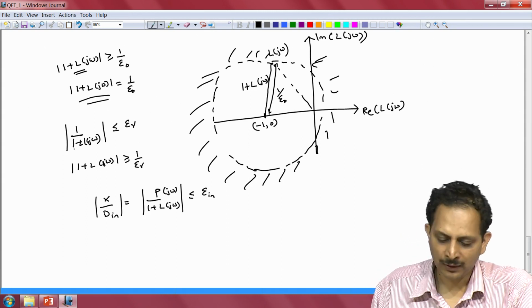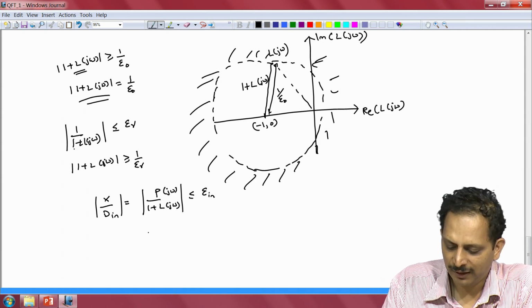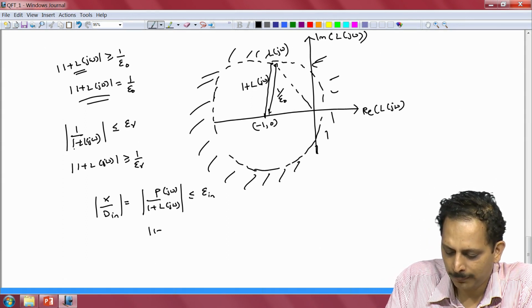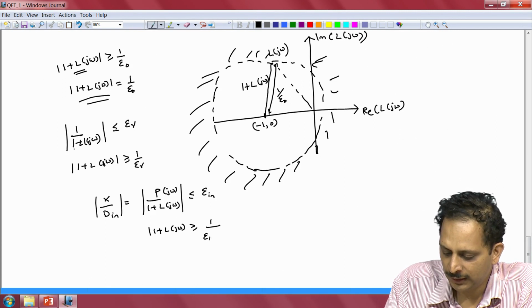So once again, if we have no uncertainty associated with the plant, then we can write this as magnitude of 1 plus L of j omega should be greater than or equal to 1 by epsilon in times magnitude of p of j omega.